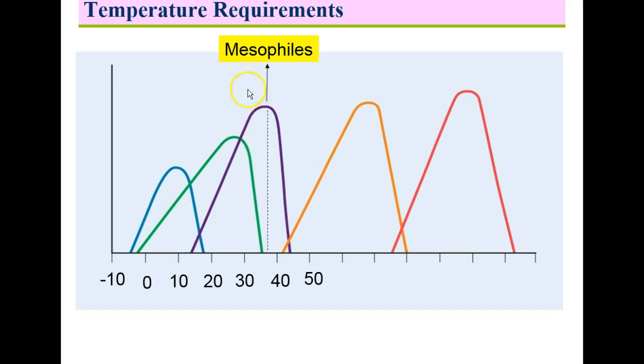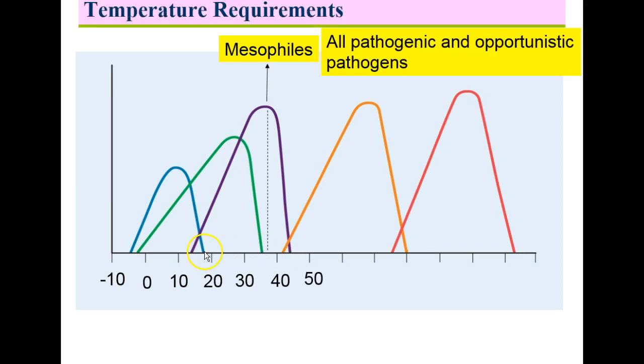So the optimum temperature for mesophiles is 37 degrees centigrade, or human body temperature. These organisms cannot survive the refrigerator, which is 4 to 6 degrees centigrade, too low a temperature for mesophiles. However, they can live at room temperature, and body temperature is the ideal environment for these organisms. All pathogenic and opportunistic pathogenic organisms are mesophiles.